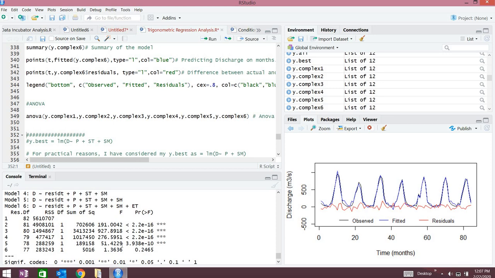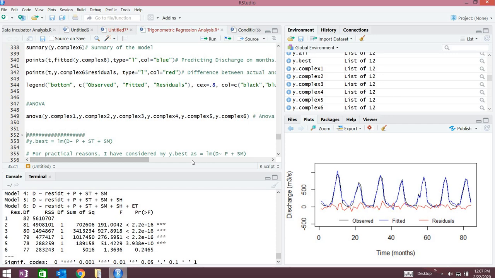So the best variables to predict our river discharge, in addition to the variation of time, are precipitation, soil temperature, and soil moisture. Well, this is for geoscientists. They know the importance of soil temperature, of precipitation, and of soil moisture on the river discharge.